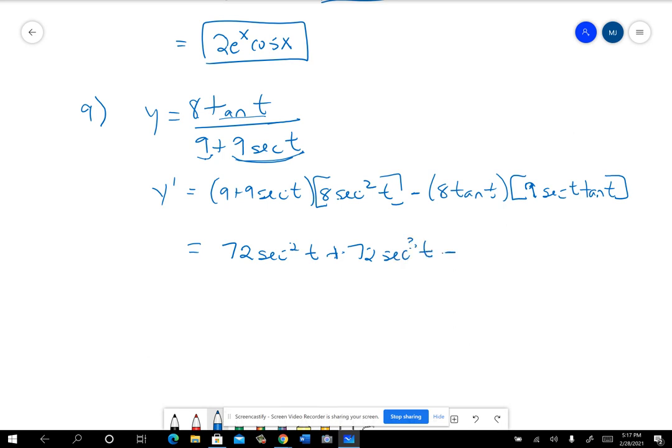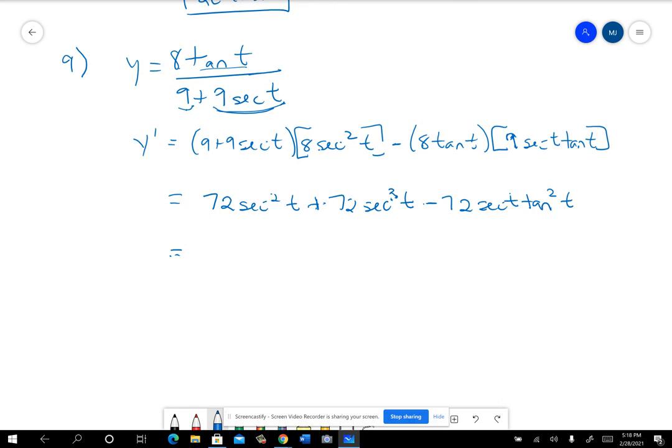Then this would be minus 72 secant t tangent squared t. Okay. All right. So I could factor out a 72 and a secant t. And what would be left would be a secant t plus a secant squared t minus a tangent squared t.